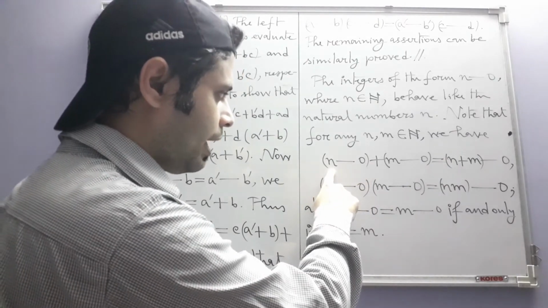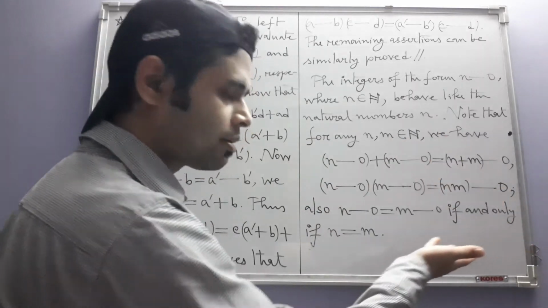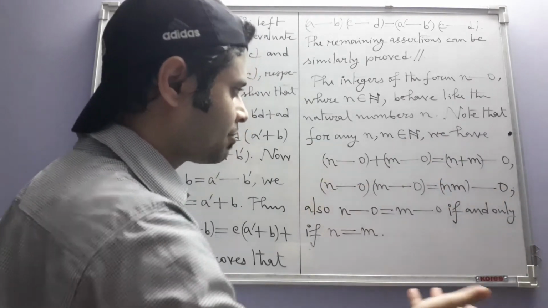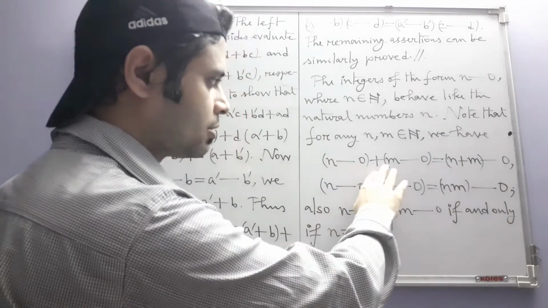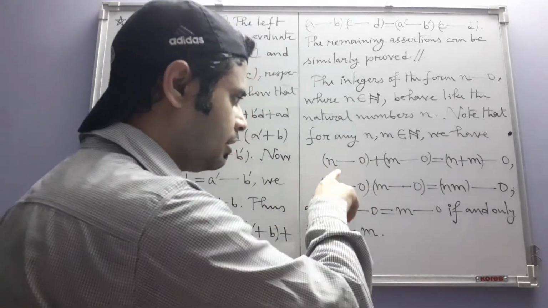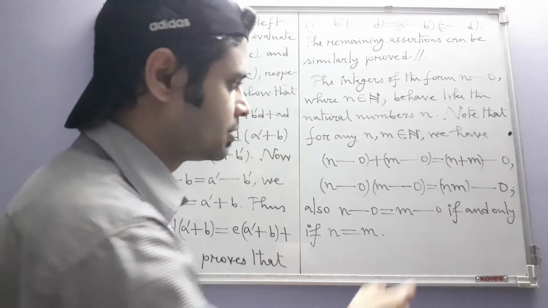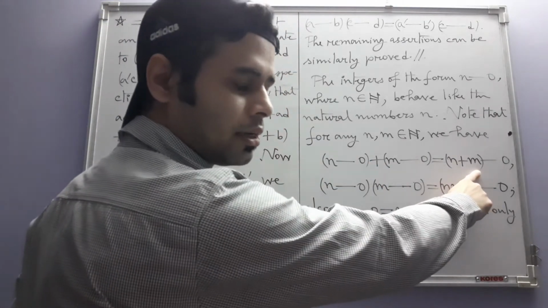That is, adding these two integers to know the result of that addition, you don't have to think too much about the actual definition of integer addition or integer multiplication. It's as if you are adding n and m themselves, because you get n plus m here.